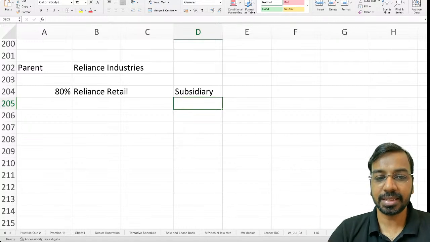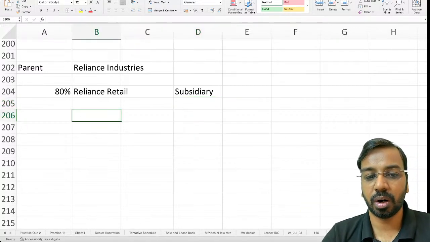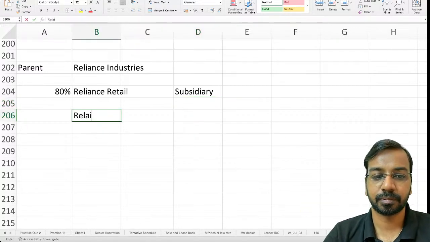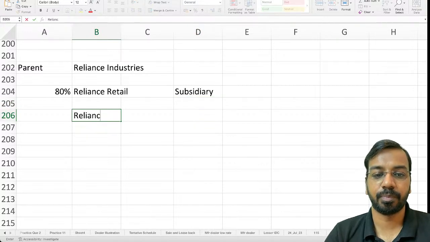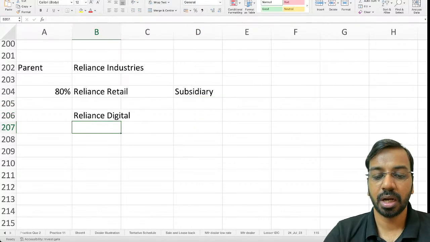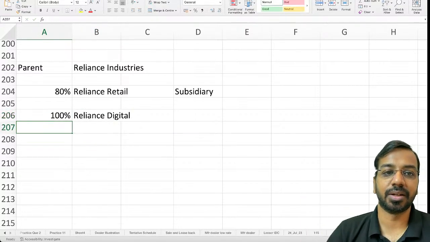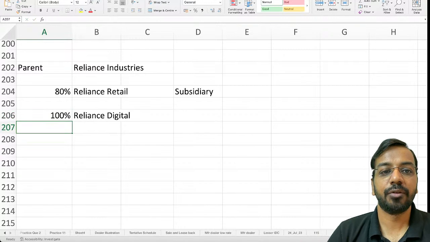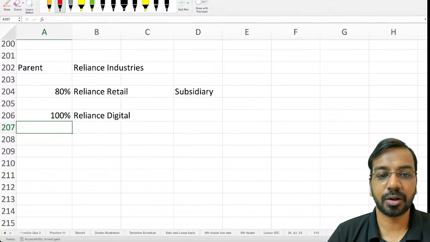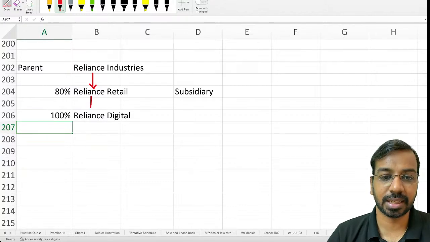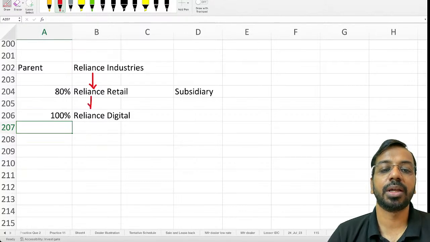Let us say Reliance Retail has another subsidiary called Reliance Digital. Reliance Retail holds 100%, or it can be less than 100% also, of Reliance Digital. Now, if you look at the chain of control, Reliance Industries controls Reliance Retail, and Reliance Retail controls Reliance Digital.